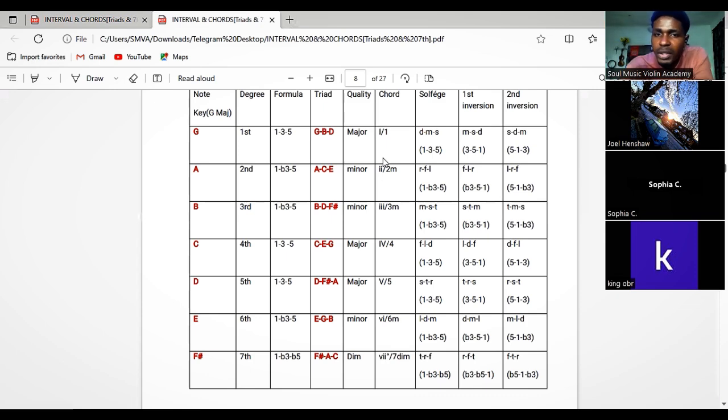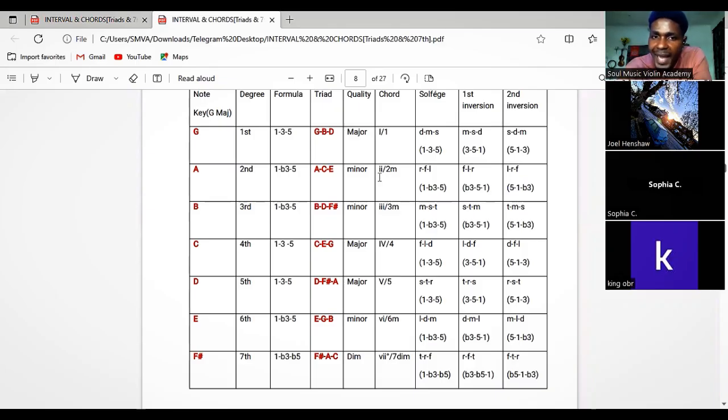Now you use the capital Roman figure for your major chords, and then you use small letters for your minor chords. You don't use capital letters for minor chords.